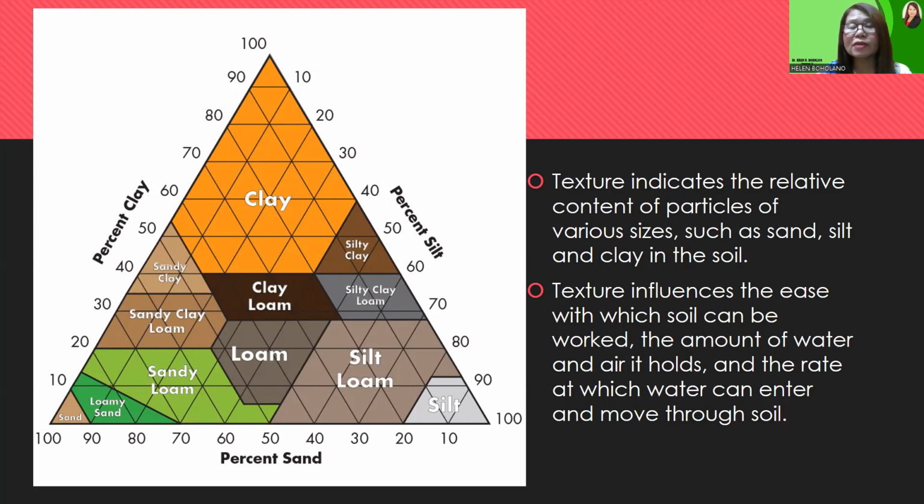Texture indicates the relative content of particles of various sizes such as sand, silt, and clay in the soil. Texture also influences the ease with which soil can be worked, the amount of water and air it holds, and the rate at which water can enter and move through the soil.